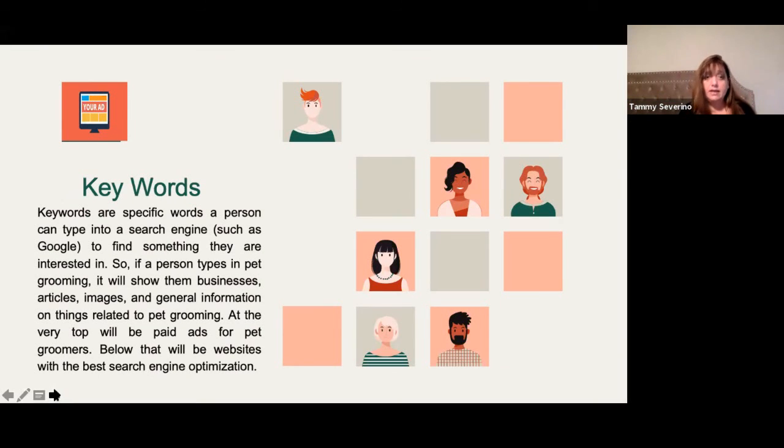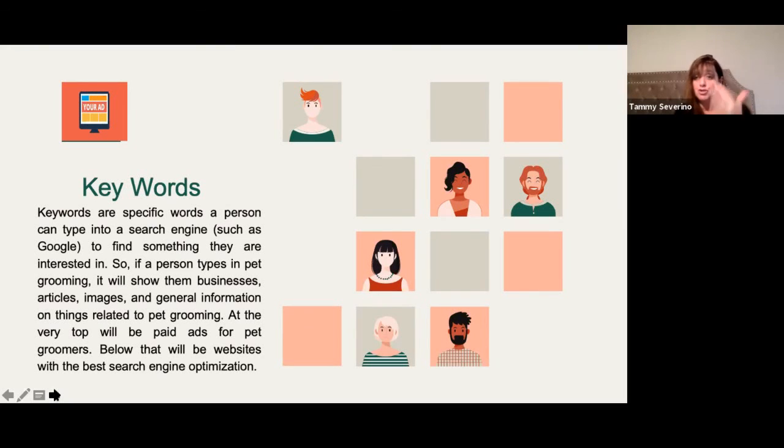Keywords, like I said, are specific words that people will type in to find a certain something that they have an interest in. So if a person types in pet groomer, it's going to show them businesses, articles, images, information related to having your pet groomed. The business piece of it, that's where you want to be, if that's what your business is.